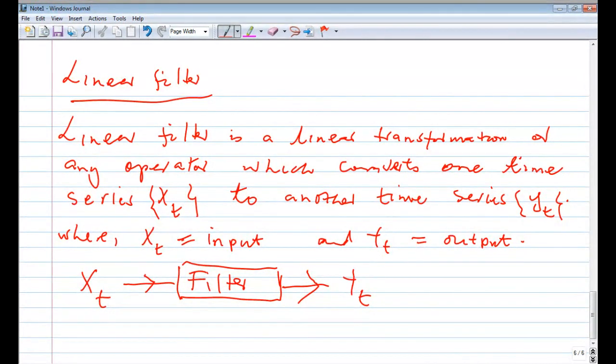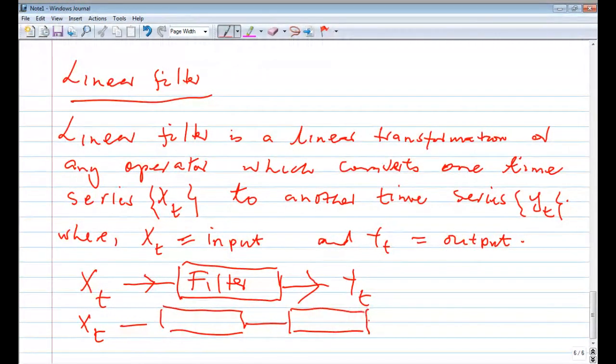The same applies if you have more than one filter. You have a time series, you put it inside the filter, it produces a time series, put it again inside the filter and produce a time series. So xt, put inside the filter called filter 1, produces a time series called yt.